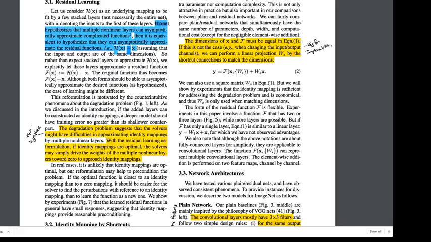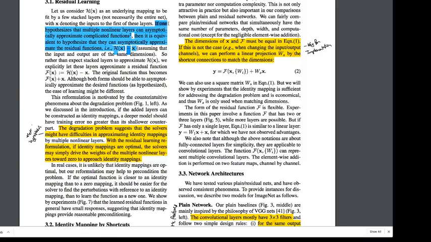We're going to formulate this as 2 different functions. We have h of x here, which is the desired mapping of these 2 layers. And then f of x is just these 2 layers. And then h of x is going to be f of x plus x. So that's this overall here. So h of x is this overall residual function that we're trying to learn.